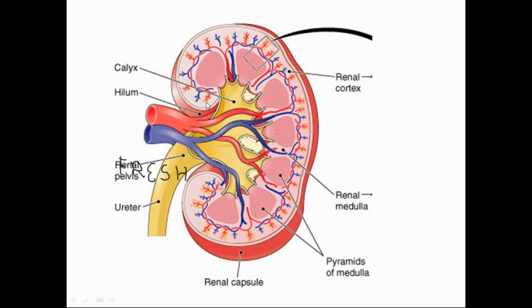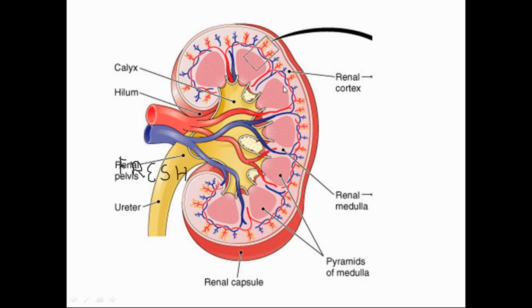They put calyx here, but actually we have the minor calyx and the major calyx. Just this area we are going to call calyx. What this calyx does is collect all the fluid coming from the nephrons. Again: glomerulus, Bowman's capsule, the PCT, loop of Henle, the distal convoluted tubule.